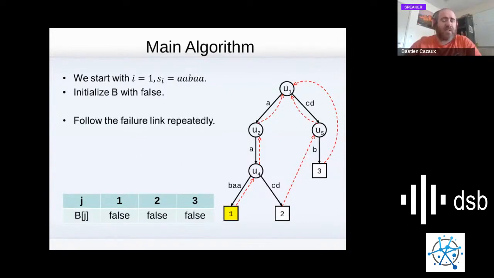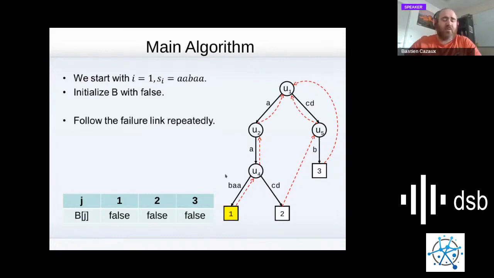So for example, for the leaf 1, we follow the suffix link until the root. So we start from 1. After that, we go to U4, U2, and we stop at U1.